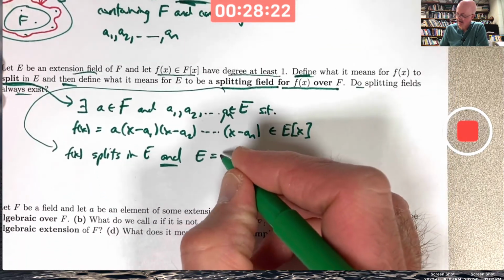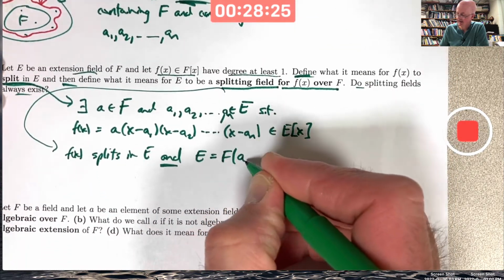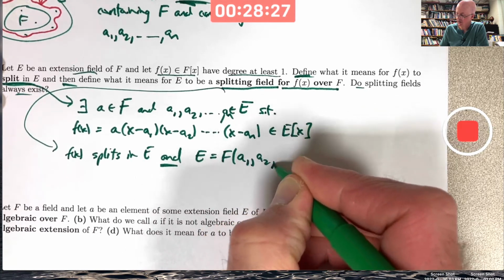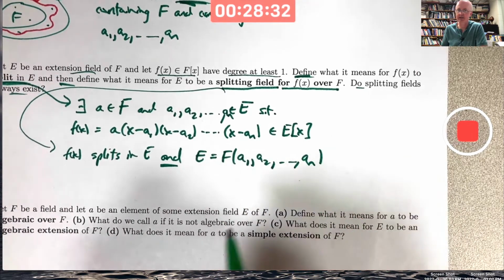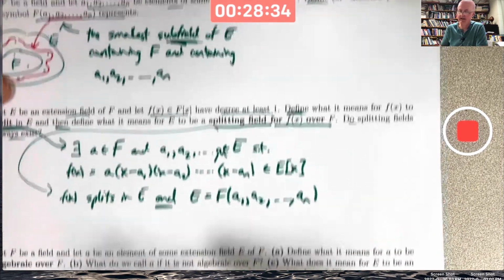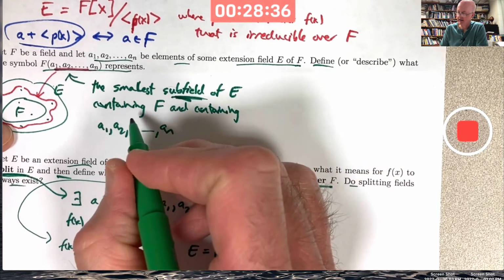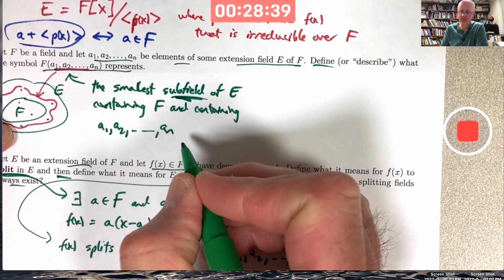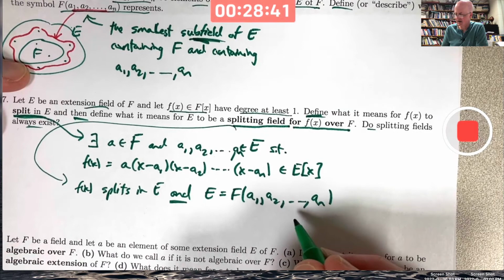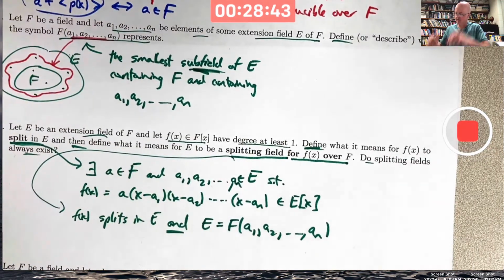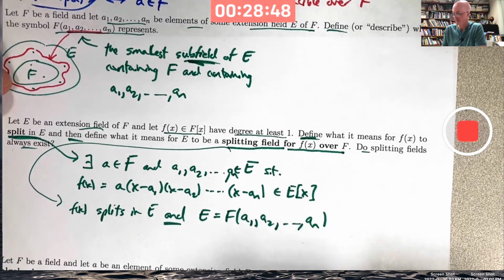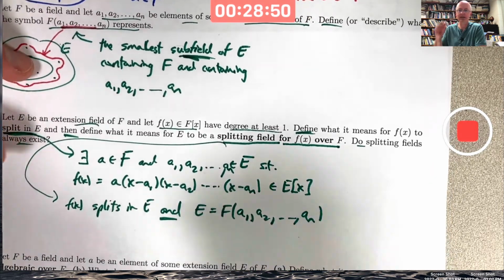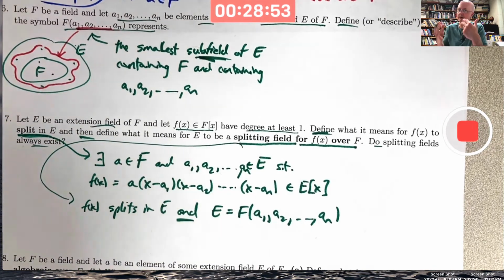E equals F adjoin a1 through an, which again does not mean just take F and union it with this set. It means more than that. It is the smallest subfield of E containing F and containing these elements. We are sort of implicitly assuming here, based on this definition, that there's an even bigger field in which E sits. A splitting field, you might say, is a minimal field extension in which the polynomial splits.